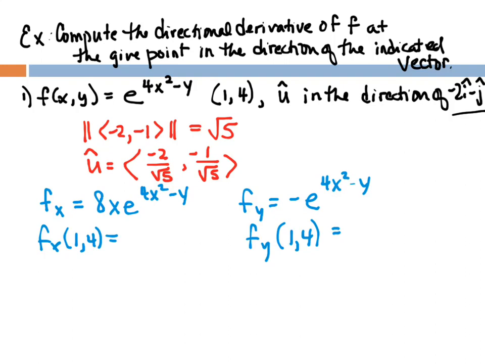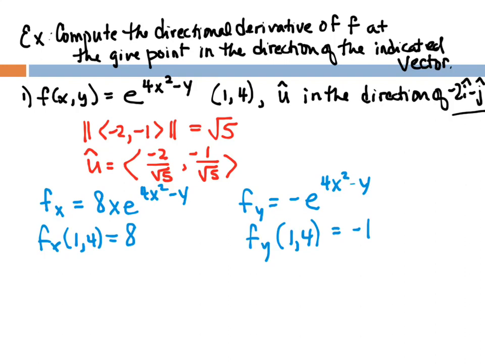So plug those in and tell me what you get for f sub x at 1, 4. You do get 8. Very good. How about f sub y? It's -1. Great.